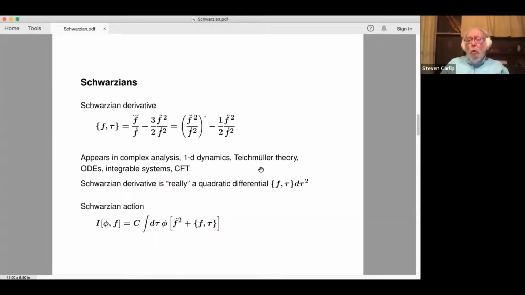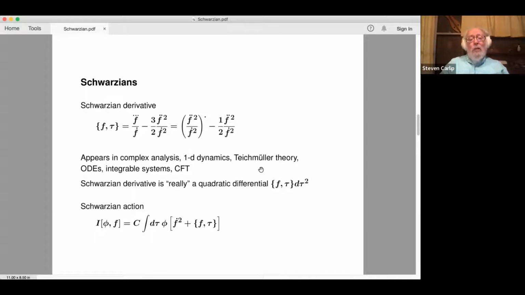Okay, so let me just pause for a second since I'm talking about the Schwarzian action and remind you what the Schwarzian derivative is. It's a particular combination of first, second, and third derivatives that appears everywhere. This was actually first discovered by Lagrange in 1781 in a paper about mapping the Earth.